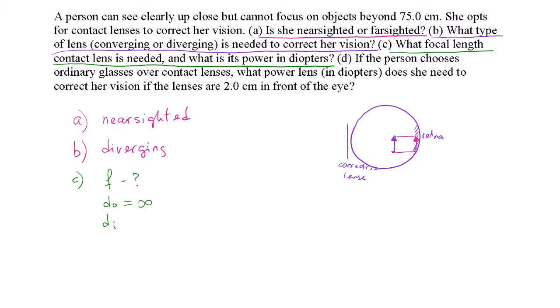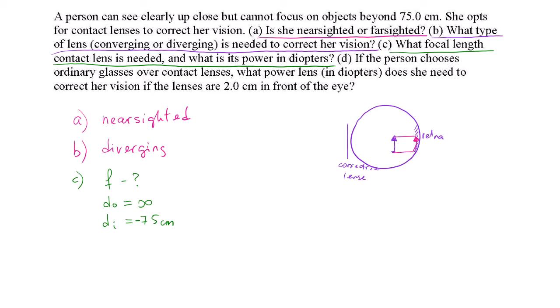In other words, you want to bring the image of that object to the point where the person can clearly see, which means the image distance should be 75 centimeters or closer. The furthest away is 75 centimeters, which is the far point. This is on the left side of the lens, so the distance of the image should be negative. Don't forget about that.